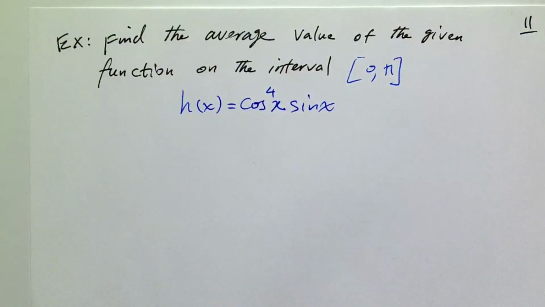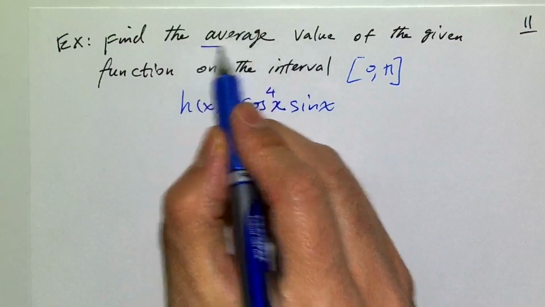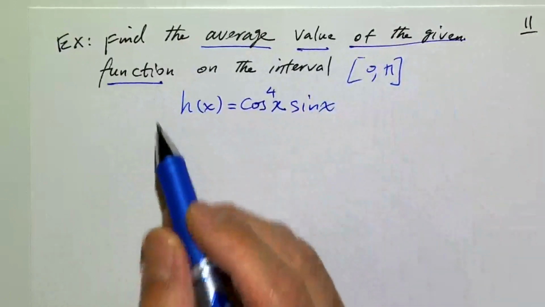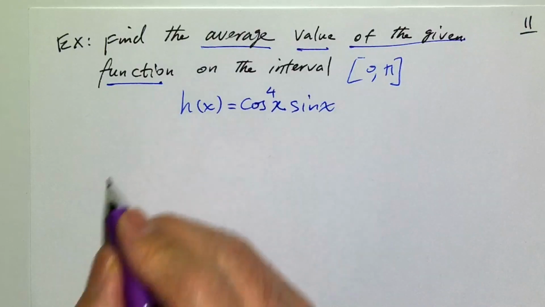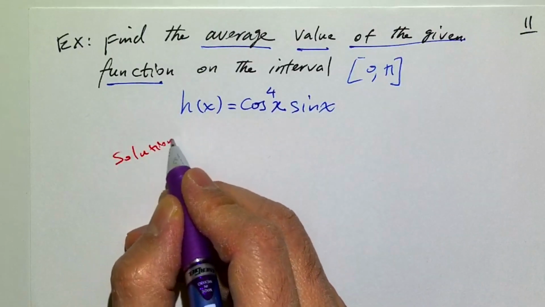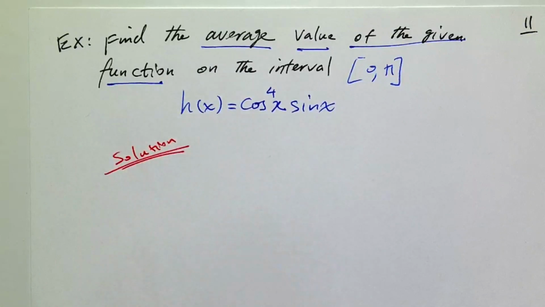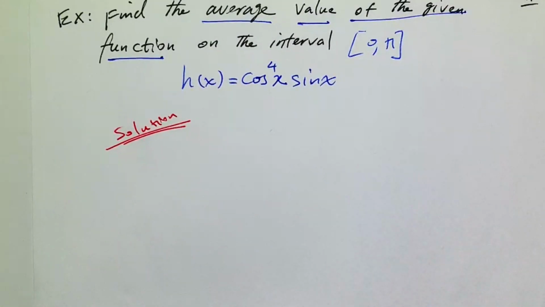All right, the average value of a given function is something that we discussed the formula for in the previous section. And now it's good to have one of these examples as well so we can look back at what we learned in the previous section. So recalling that formula, this is how we would apply it.